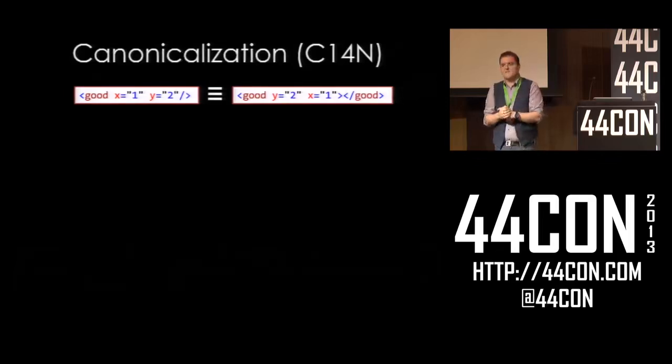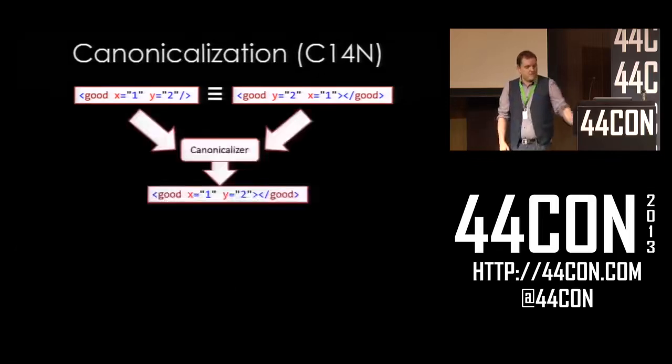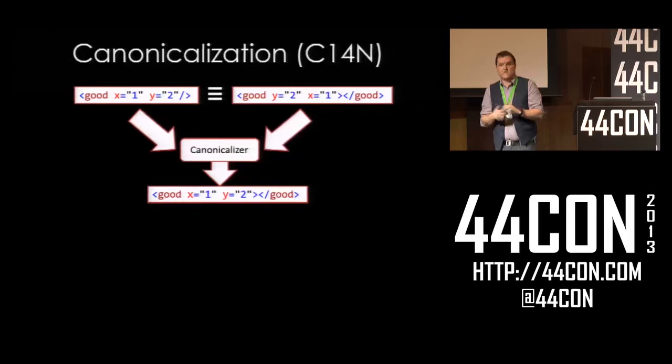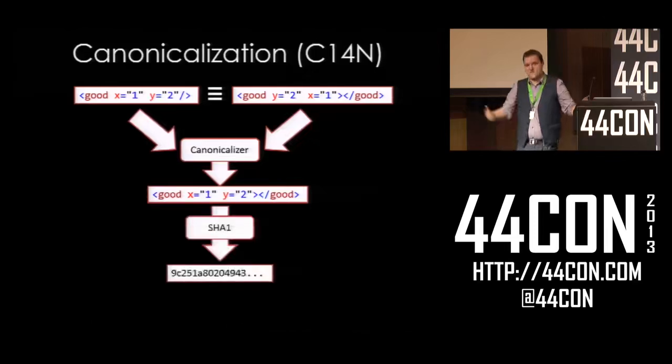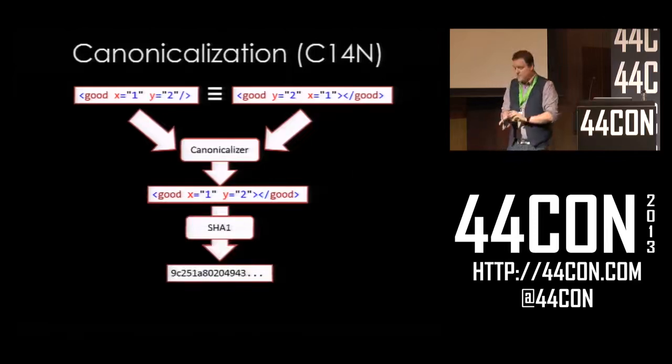And the idea here is if you have two equivalent XML documents, you can then apply a specific algorithm to it, called a canonicalization algorithm, which effectively takes those equivalent documents and always emits the same output representation. And then obviously, unsurprisingly, if you SHA-1 hash that, you only get one value.